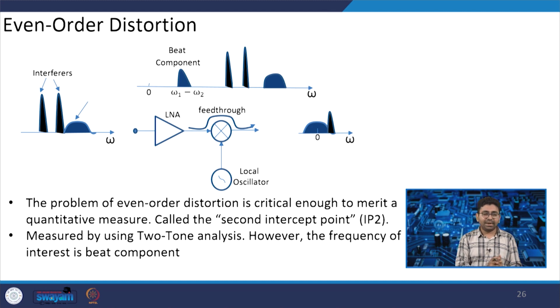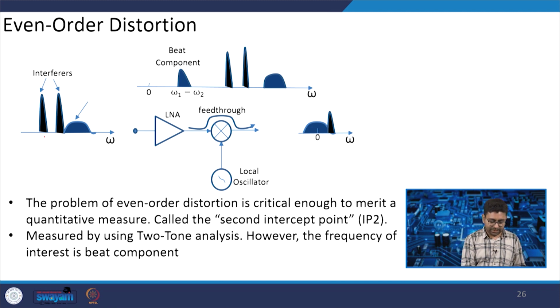There is another problem. If there are two tones, let us say this is the spectrum, and this is omega 1 and omega 2, then consider the difference of these two, omega 1 minus omega 2.